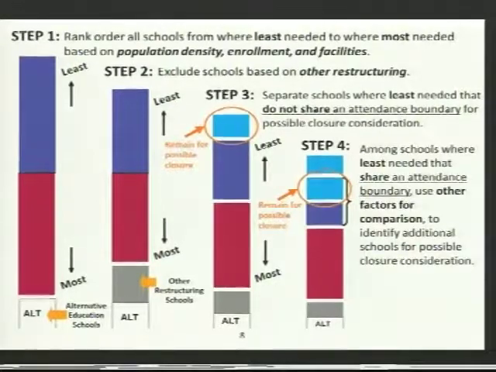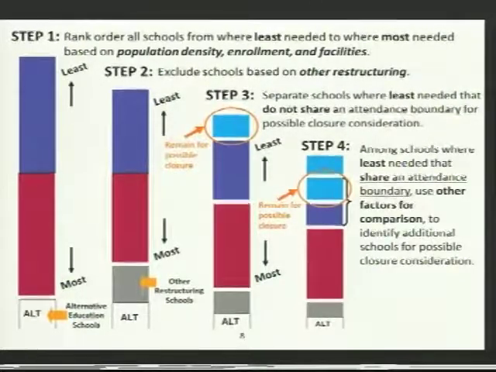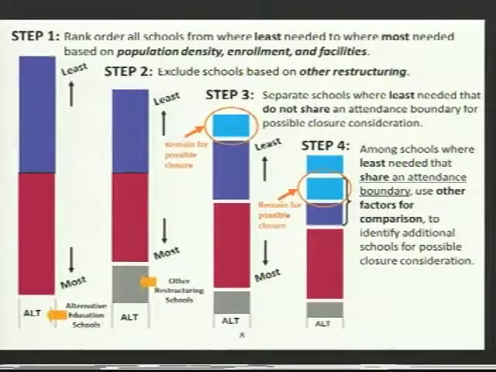Step 5, which has not been implemented yet, is a step where we would evaluate 2 things. 1, our special education programming to make sure that we don't inadvertently have a detrimental impact on our special education programming by virtue of the schools that would be identified for closure.